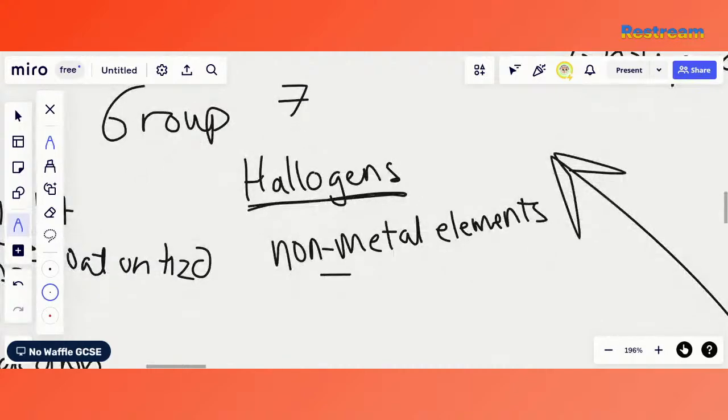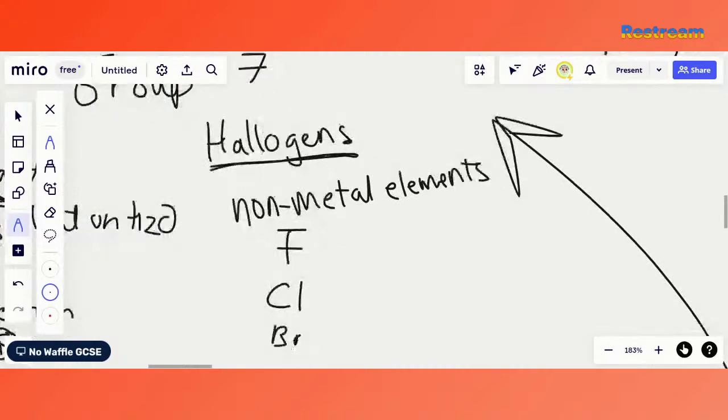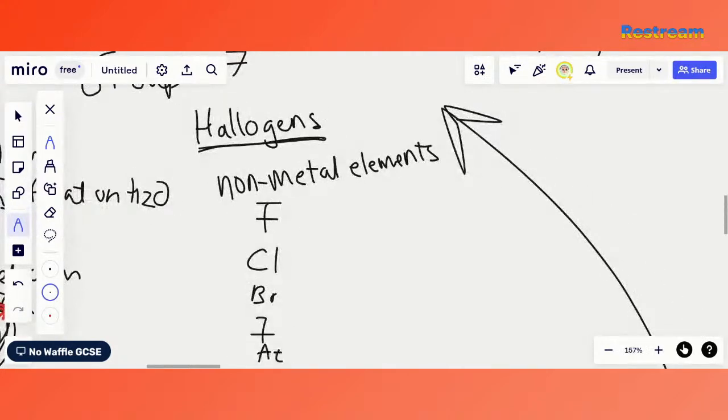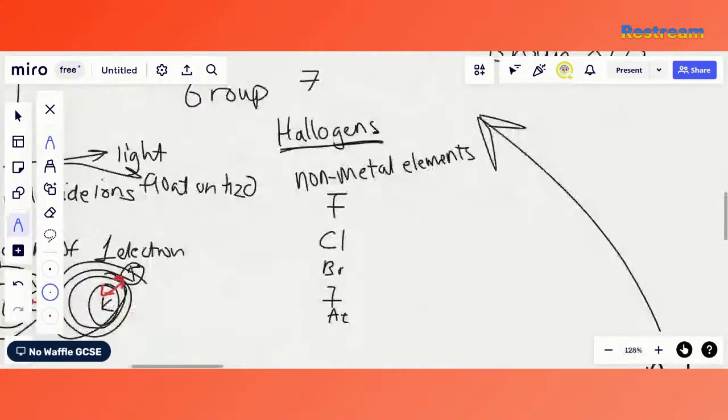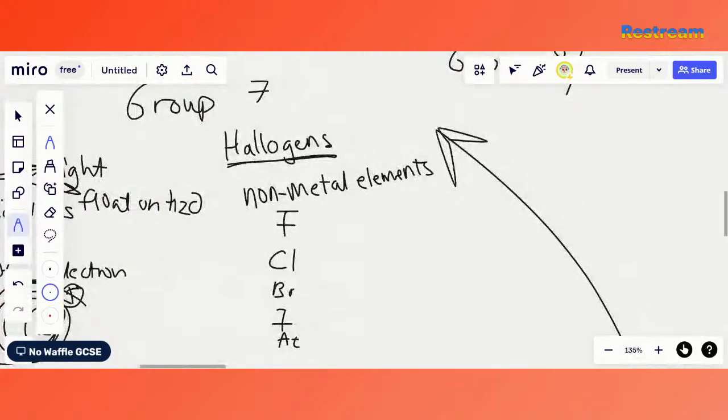So they all end in "-ine", so fluorine, chlorine, bromine, iodine and then astatine. So you can think of group 7 as the opposite to group 1. Group 1 are made of metals that all have one outer electron. They want to get rid of this outer electron to form a positive charge.